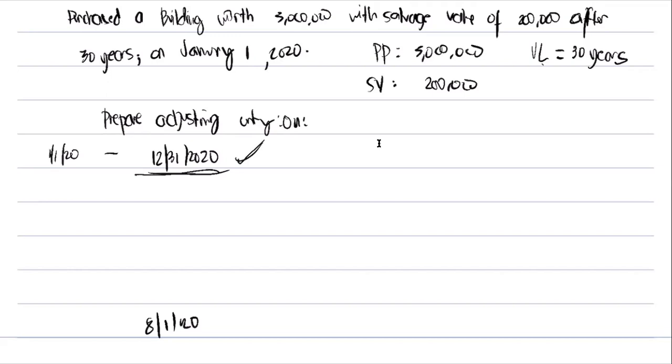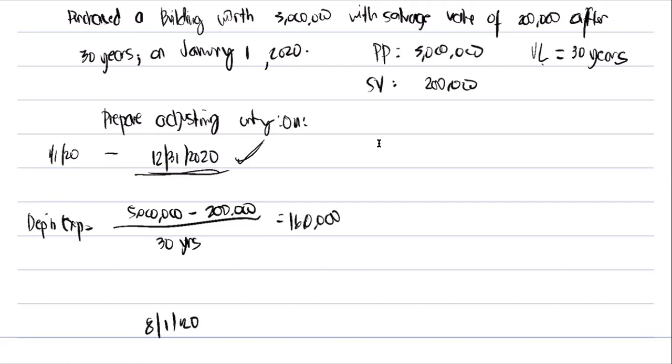Therefore, to compute, depreciation expense is equal to the purchase price of the asset, 5 million, less the salvage value of 200,000 divided by the useful life of 30 years. So what is our depreciation expense? Our depreciation expense is equal to 160,000 pesos.